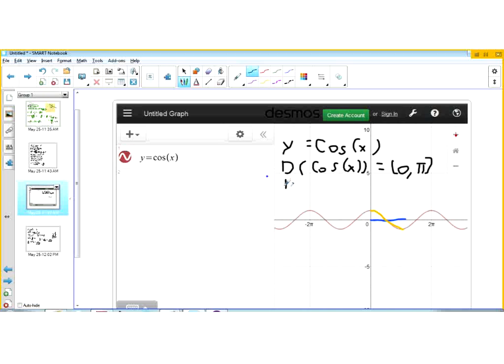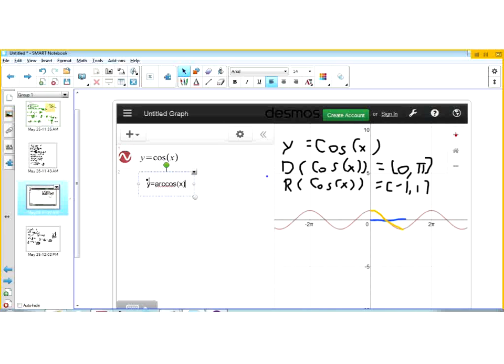And then the range of the principal cosine function, same as the range of the principal sine function, goes from -1 to 1. With that, we'll have the graph of the arc cosine function. y is equal to arc cos x.